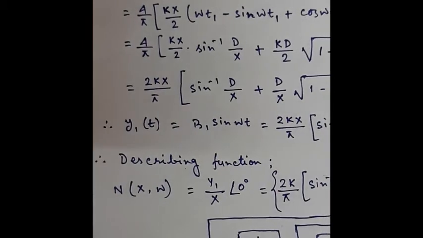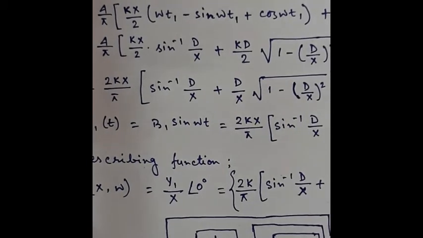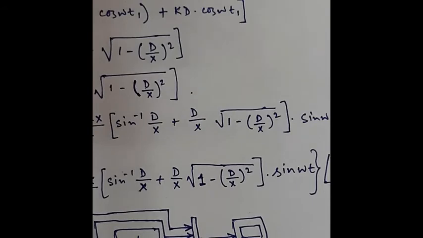So if we put in the output function and input function, we get the magnitude of the describing function, that is 2k by pi into sin inverse d by X plus d by X into square root of 1 minus d by X whole square.